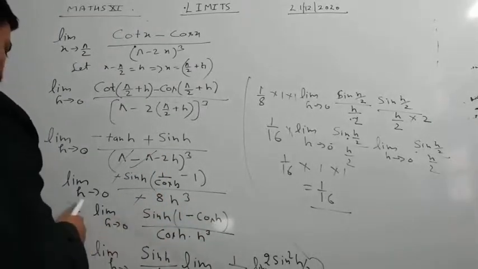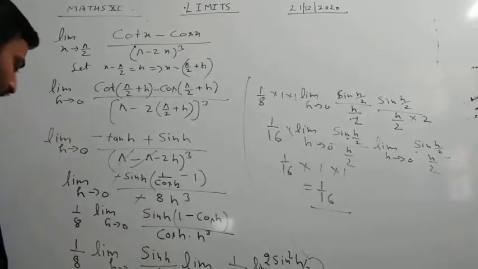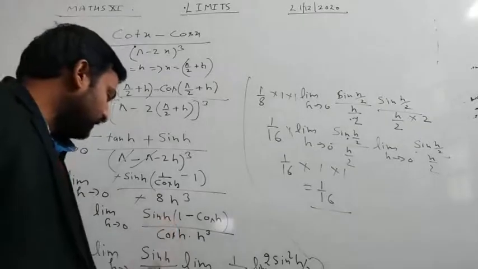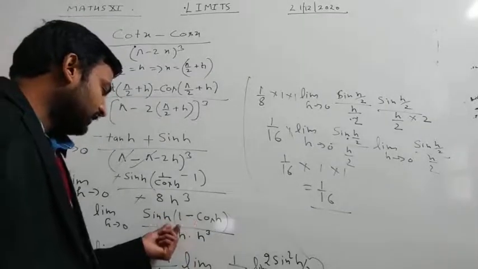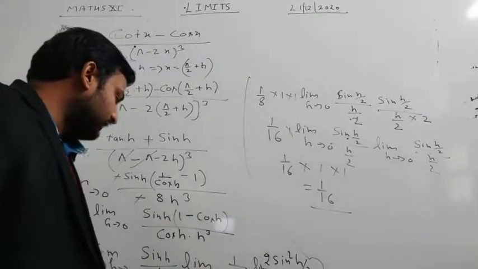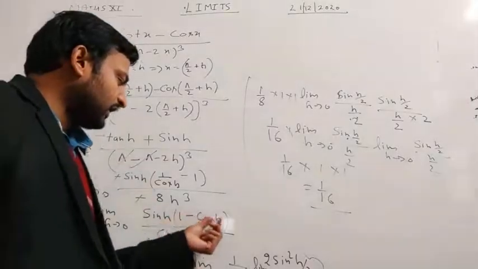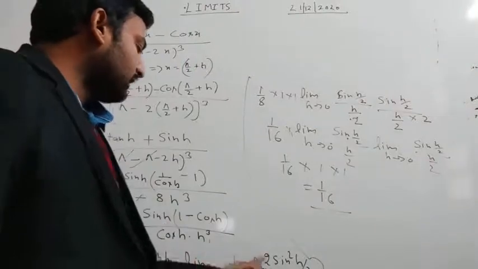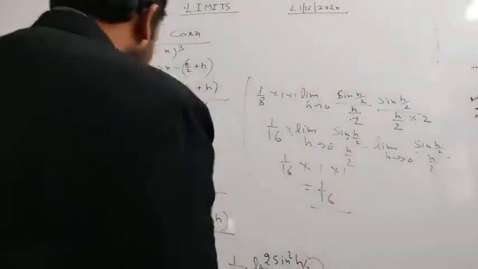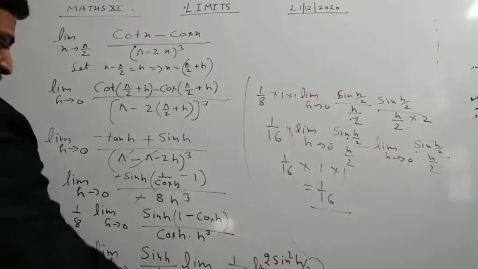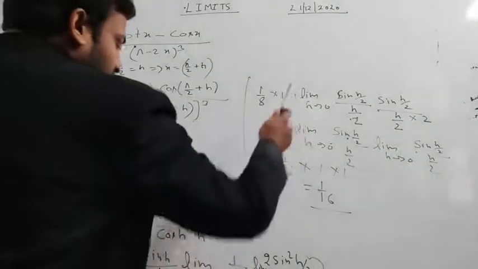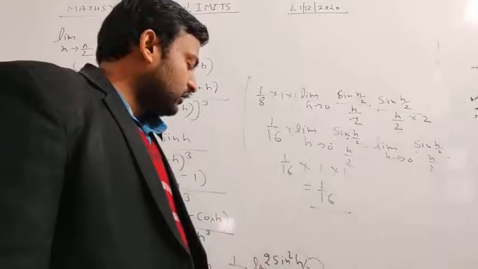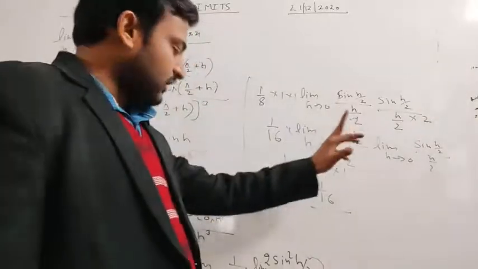Now students, this 1 by 8 we take outside, and limit h tends to 0, we take sin h by h here, and this is 1 by cos h with limit, and again with limit 1 minus cos h we can write as 2 sin square h by 2, and the remaining h square is there. Now this term will be 1, this term will be 1, and the remaining term is limit h tends to 0, and this 2 we can send to the denominator of h, so this is h by 2.